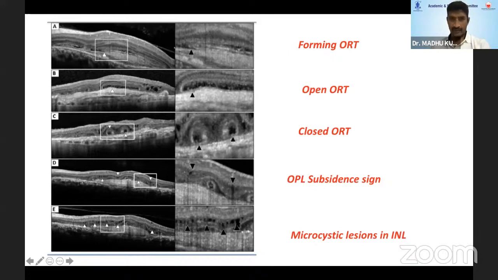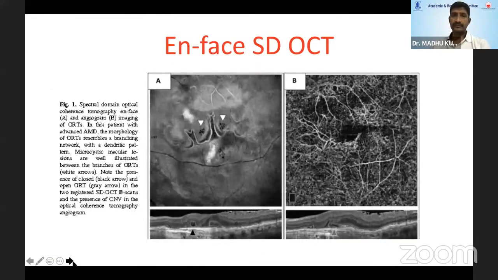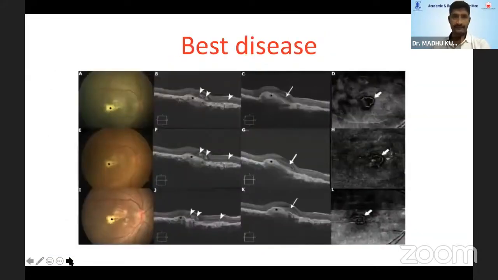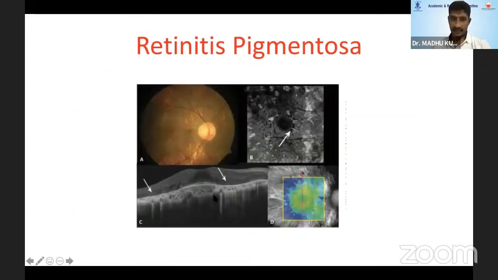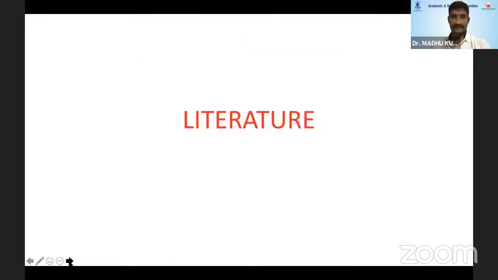This small microcystic lesion should not be confused with fluid. This is how it looks in an en face OCT. It's also seen, as I mentioned, in Best disease, retinitis pigmentosa, and here you can see Stargardt disease.